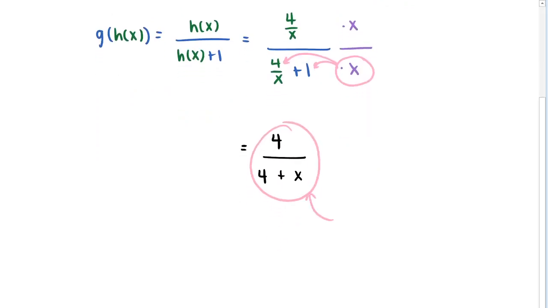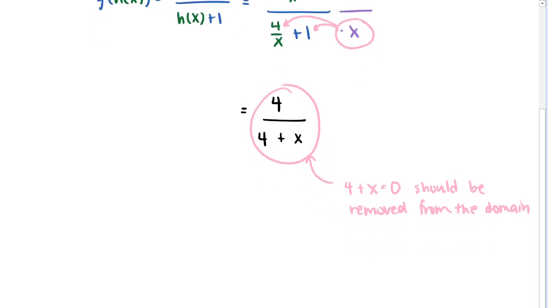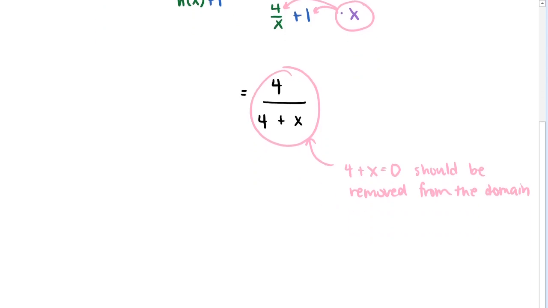And so the domain of our resulting composition, right, we know here that 4 plus x equal to 0 should be removed from the domain. So any solution to this should be removed from the domain. And so the solution to this is, subtracting 4 from both sides, x is equal to negative 4, right?